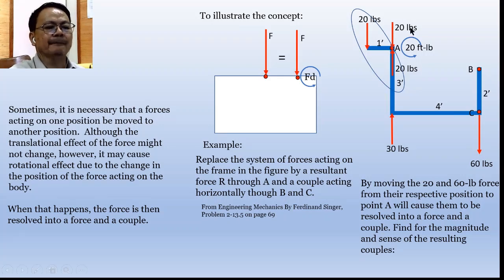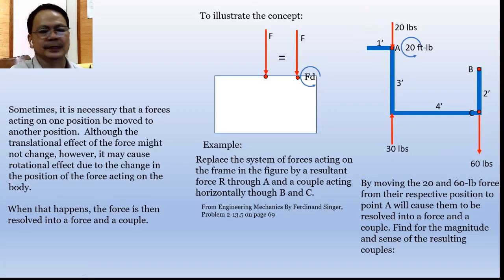Hence, we can replace this pair of forces by this one. So after we have added this force, we can now remove the two forces. What happened now? We have shifted the original position of 20 from this point to this point. However, there is an additional couple produced having a magnitude of 20 foot-pounds.